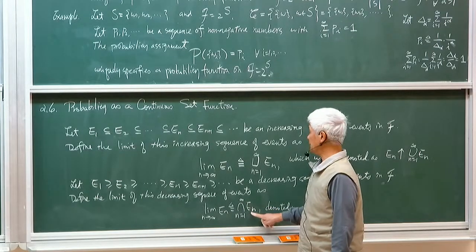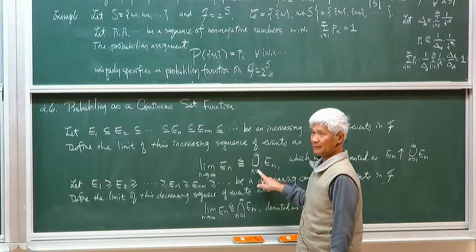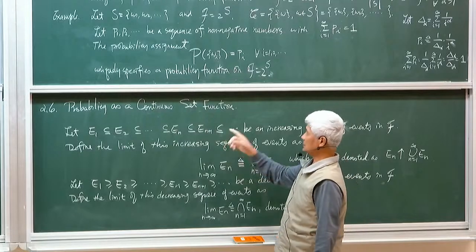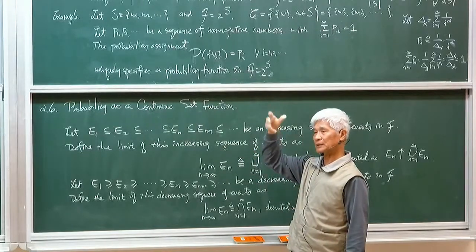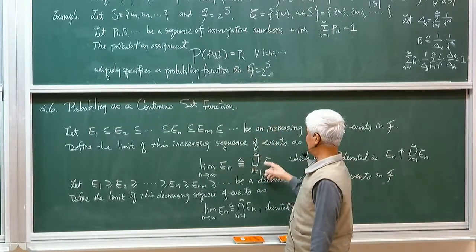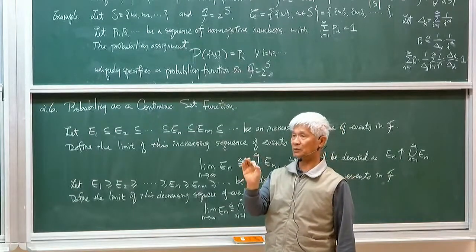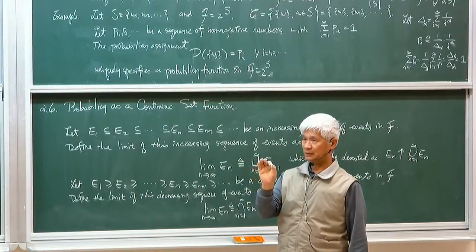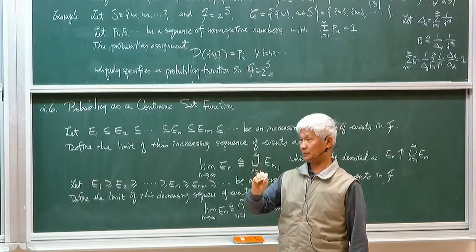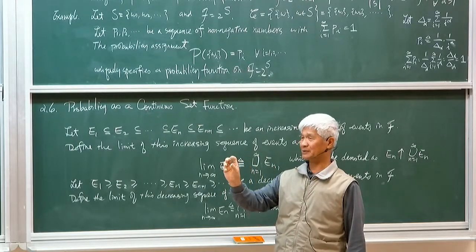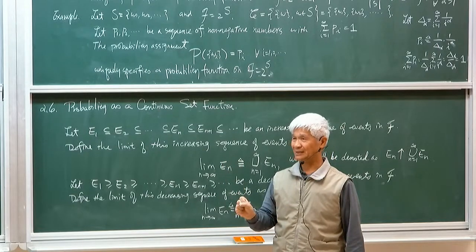Okay. Similarly, we want to know the probability of this event, because the event keeps growing, becoming bigger and bigger. A core part of probability theory is to compute the probability of an event, and the event may be a little bit sophisticated.